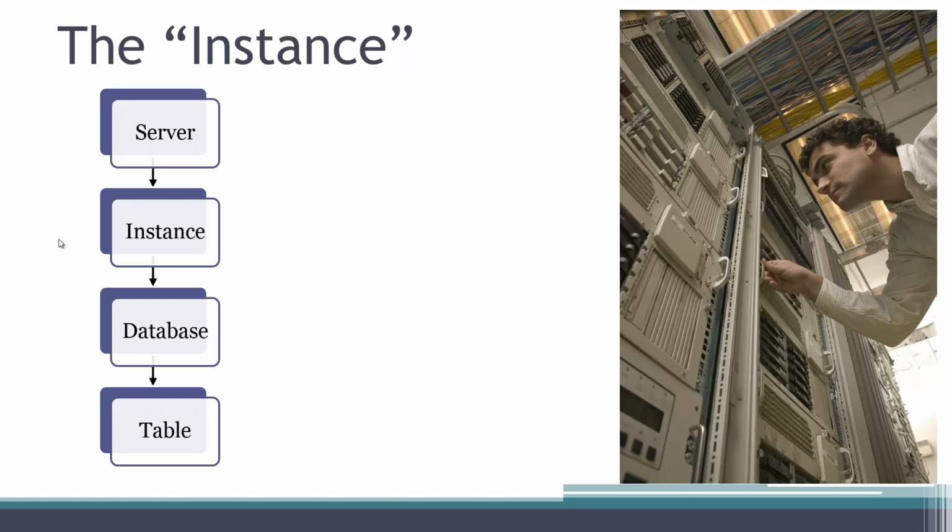It's installed as a service on the box, and when the machine starts up, it starts to run, and it waits for you to give it some instructions, a command to bring back some data or to add some data to the database. It's always running there in the background, waiting for you to tell it what you need it to get done. Now, you can install more than one copy of SQL Server on a box, just like you can install more than one copy of an antivirus program.